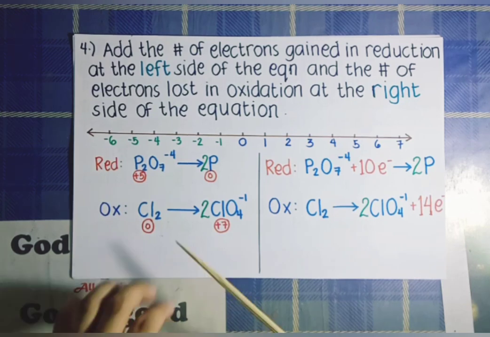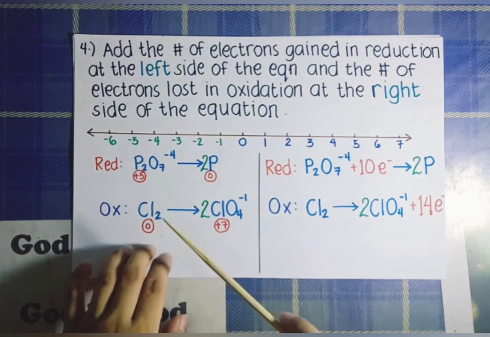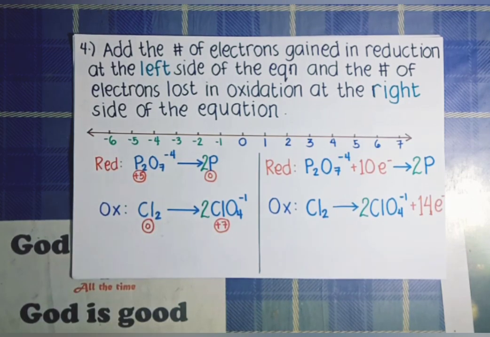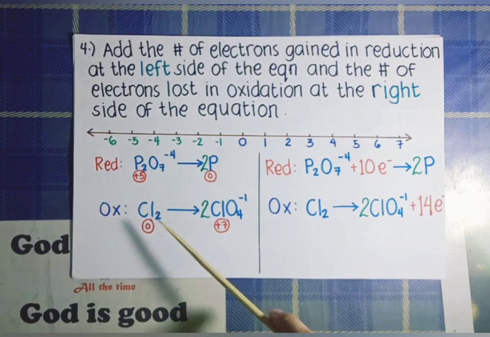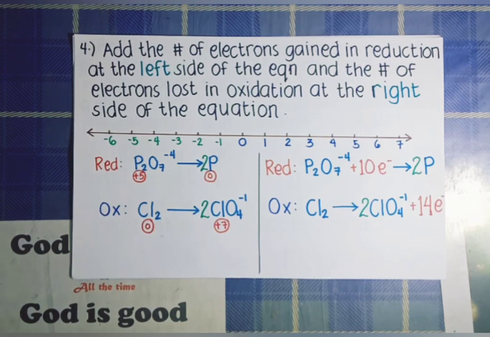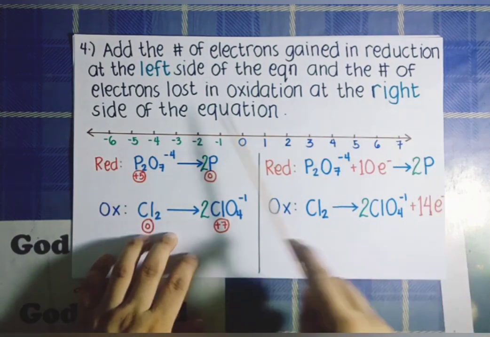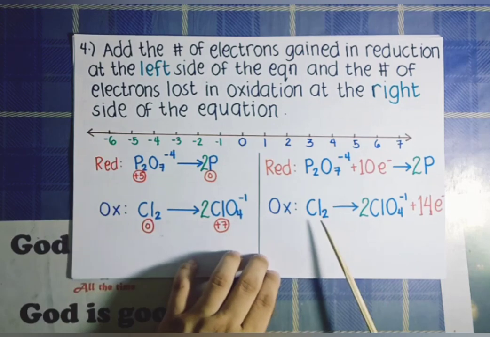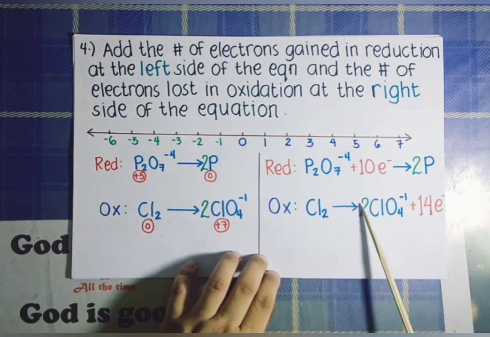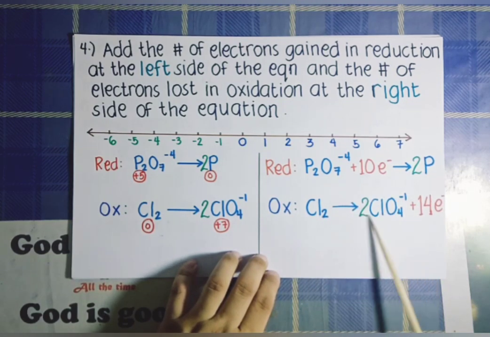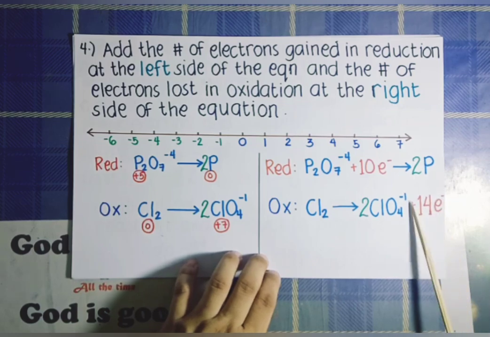However, because we have here 2 chlorine atoms, we are going to multiply those 7 electrons also by 2, and therefore, we are going to have 14 electrons. Where are we going to put those 14 electrons? Again, at the right side of the equation. And we will have chlorine gas will yield 2 perchlorate ion plus 14 electrons.